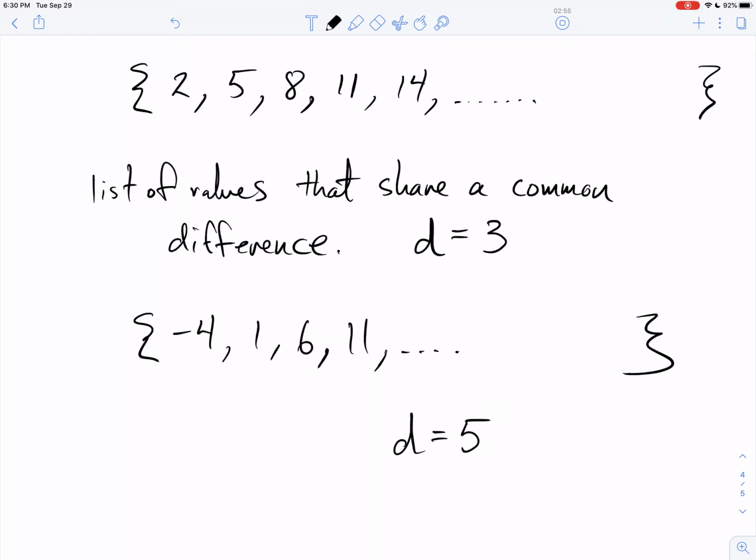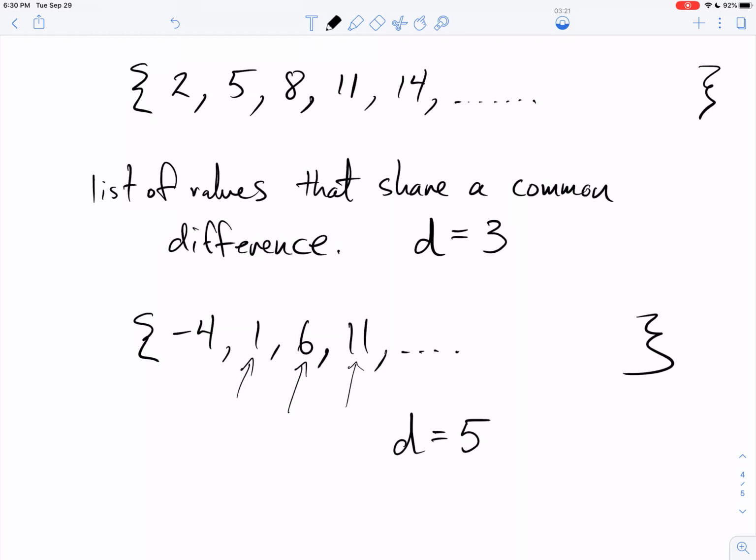Now, if you take any number in this list and you subtract the number that comes before it, you will arrive at D. I am pointing out number 11 there. 11 minus 6 is 5. What is 6 minus 1? It's 5.